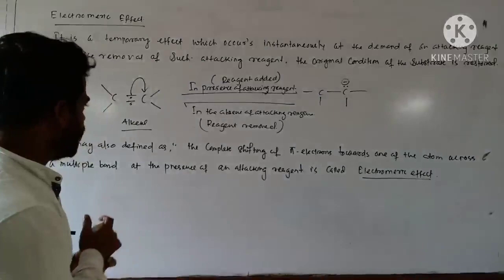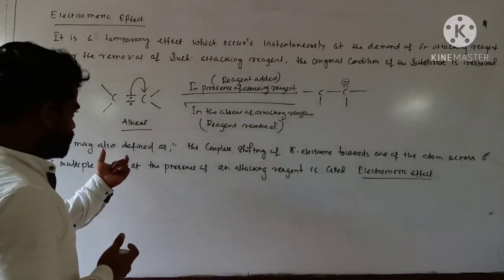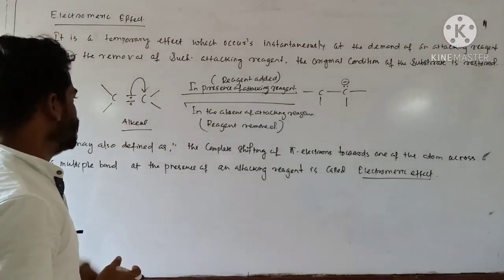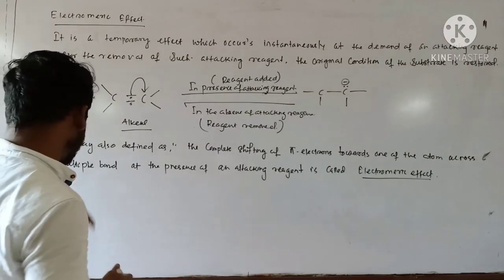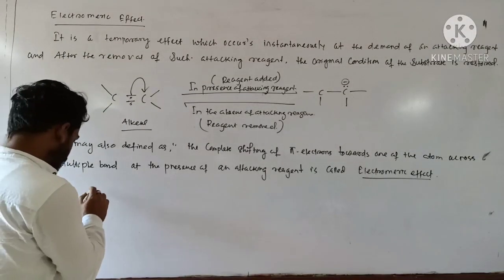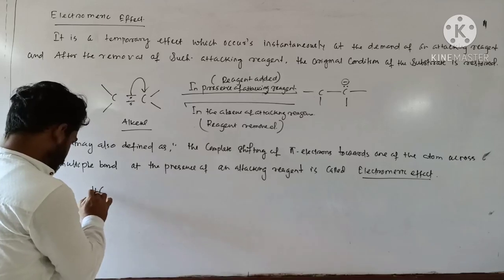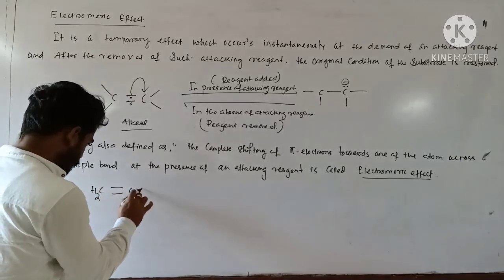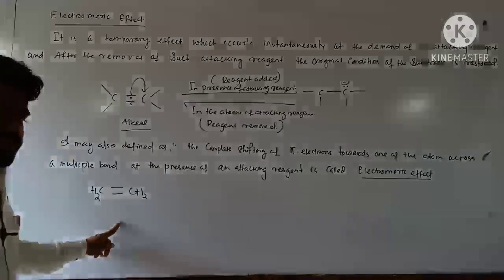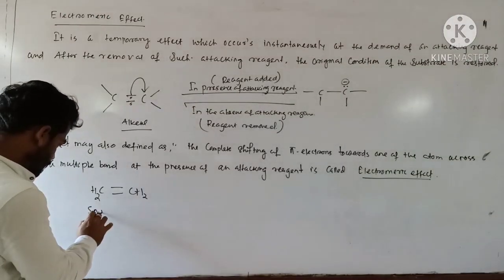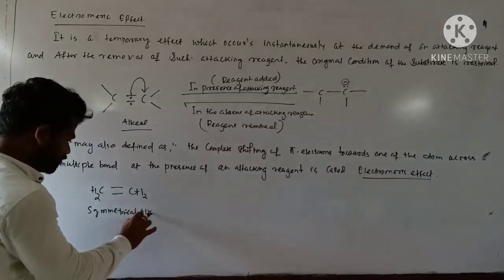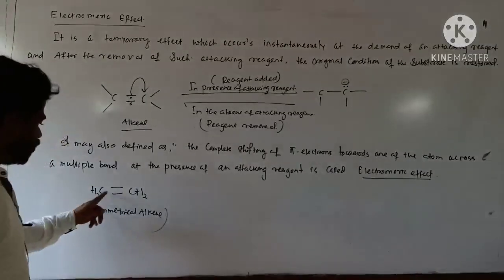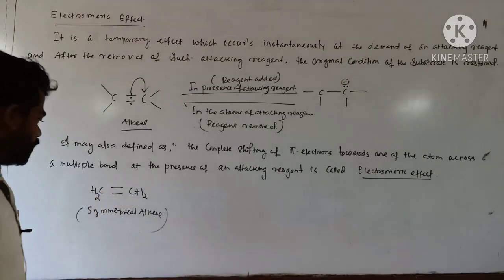So what do we mean by this? The significance of such an electronic effect, let us explain through an example. If I am writing CH2 double bond CH2, this is a symmetrical alkene, meaning the same groups are present across the carbon-carbon double bond.